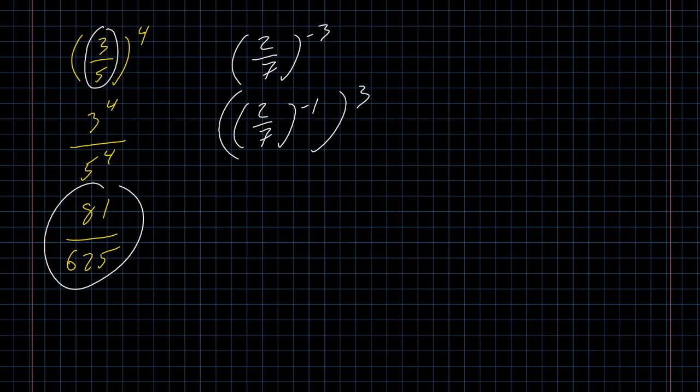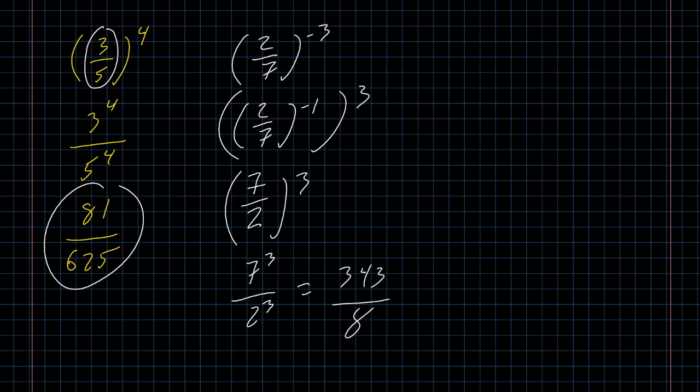Properties of exponents tell us that if we are going to take a fraction and raise it to a negative power, that forces us to take the reciprocal. Right? 2/7 to the negative first power is 7/2. And then we still have the cube going on. So we'll have 7 cubed over 2 cubed, which comes out as 343/8.